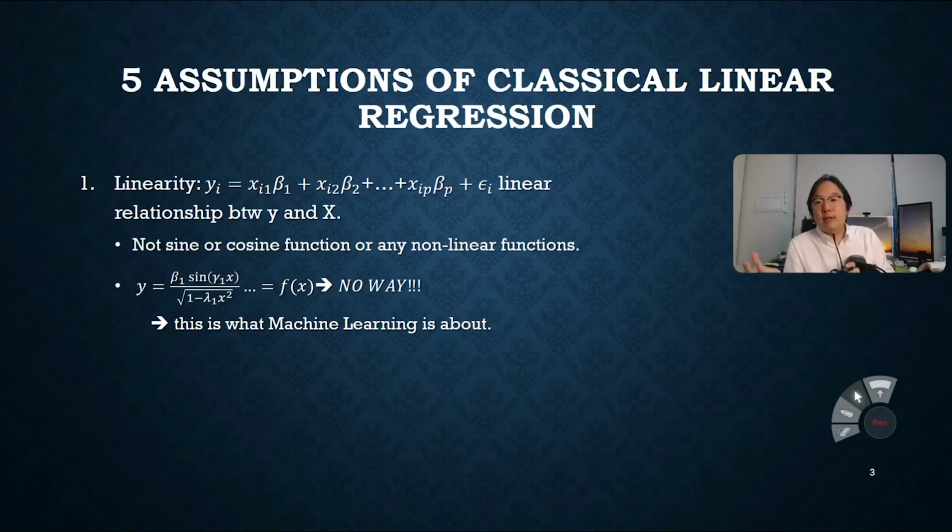Why? Well, it's just a basic step, right? Don't try to overcomplicate it, okay? For example, over here you see sine over whatever square root function, right? Blah, blah, blah. We can call it a function of x, F of x. No way.